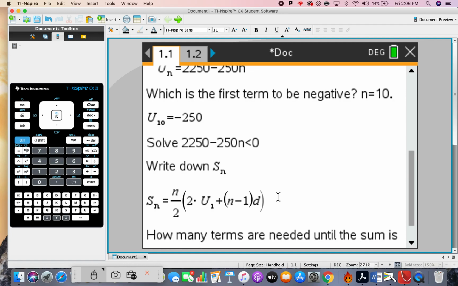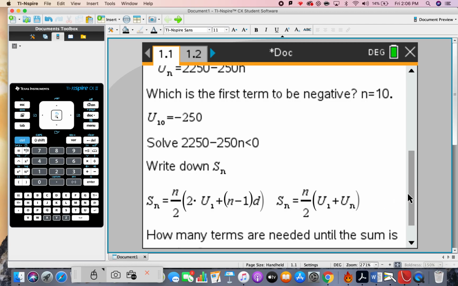There's one version, 2u1 plus n minus 1 d. And then there's another version which is similar. I'll copy this and paste it again and adjust it: S of n equals n over 2, but this one is u1 plus u of n. Those are the two summation formulas for arithmetic.